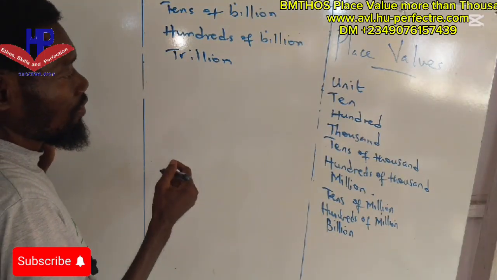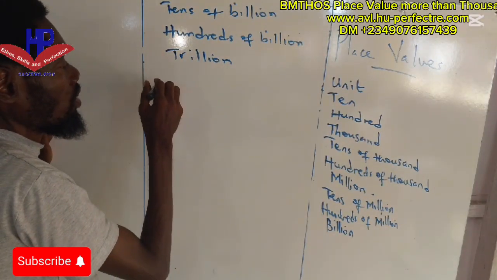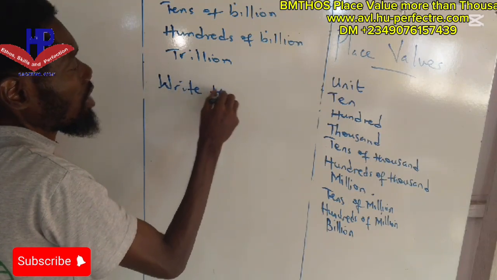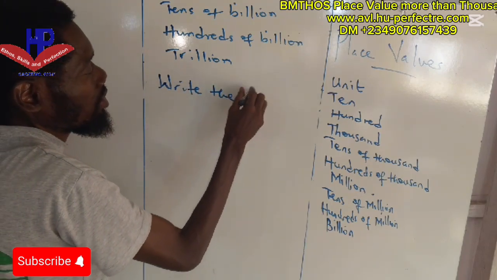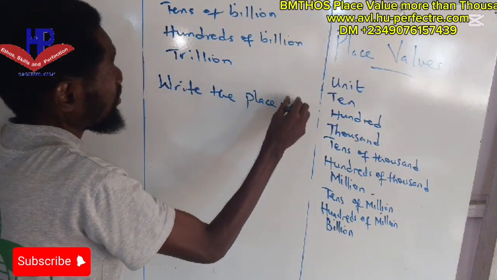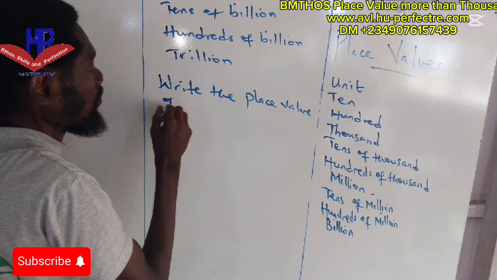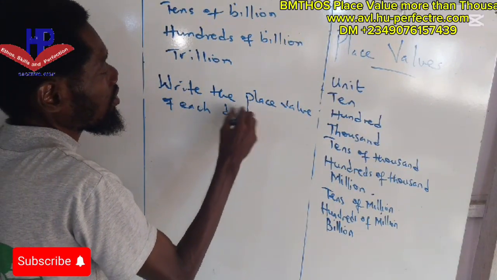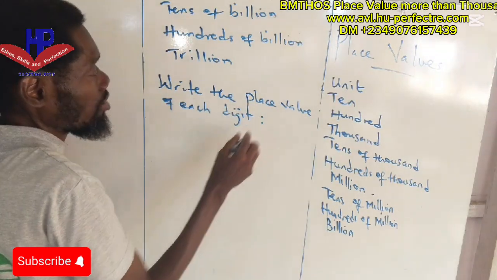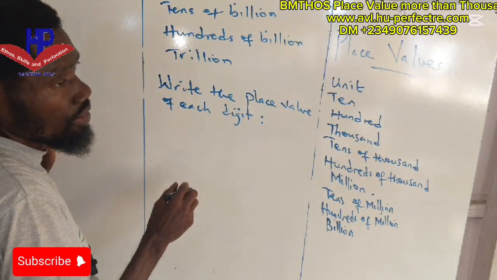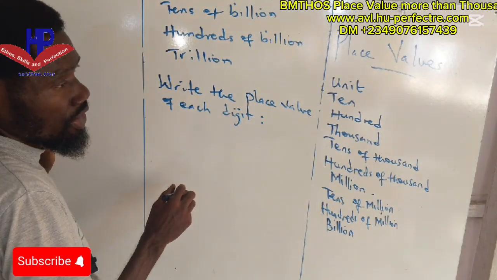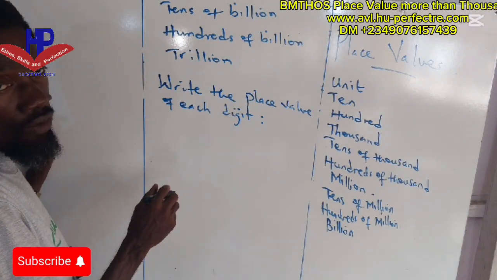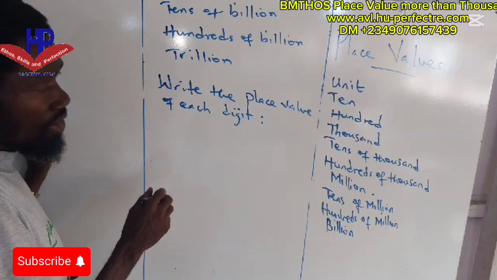So if you're given a number and asked to write the place value or the values of each digit, remember, place value tells you the position of each digit in a given number.